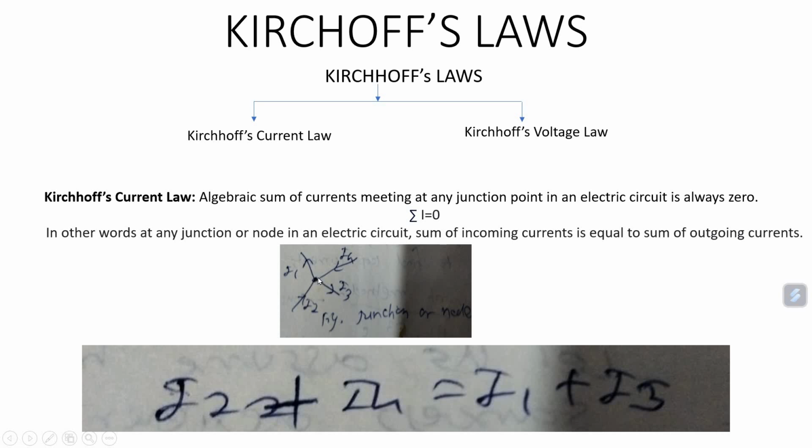For example, for the junction, currents I1 and I3 are leaving the junction, whereas currents I2 and I4 are coming towards the junction. So by applying Kirchhoff's current law, the equation will be I2 plus I4, that is incoming current, is equal to the sum of outgoing current, that is I2 plus I4 is equal to I1 plus I3. The same equation we can also write as I2 plus I4 minus I1 minus I3 is equal to 0. That is, the algebraic sum of current meeting at any junction point is 0.